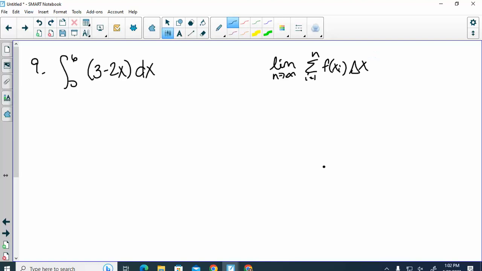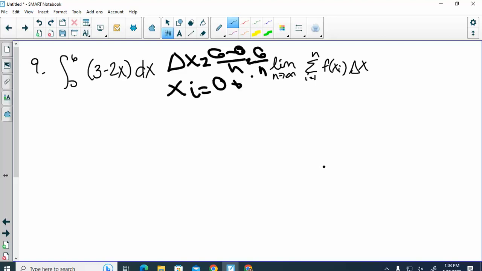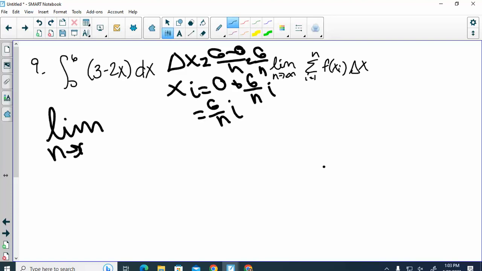So you start off by finding your change in x, which is 6 minus 0 over n, or 6 over n, and then our x sub i is our starting plus our change in x times i, or 6 over n i. Then you plug everything in. The limit as n approaches infinity, 3 minus 2 times 6 over n i times 6 over n.